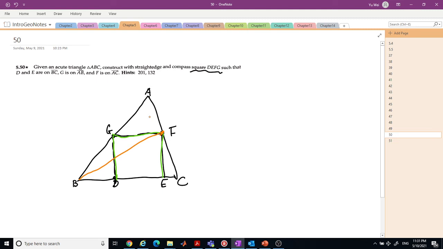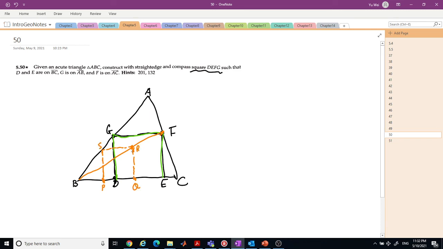Okay, so how can we construct it? Let's see. Let's use the PQRS.